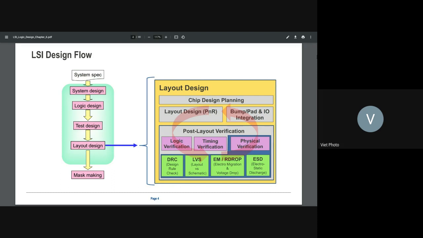So after we have a layout, after we're done with that, we have the routed design. Then we get into the post layout verification, where we have to do the logic verification again.